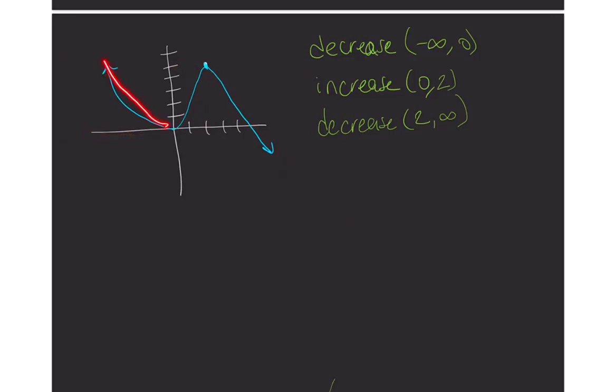Over here we started decreasing at negative infinity, and we continued to keep decreasing until we got to 0. And then once we got to 0, we kept increasing until we got to 2. And then once we got to 2, we started to decrease until we got to positive infinity. Does that make sense? It's almost like, think of your x-axis as being like a timeline, right? And that's what you're going by.